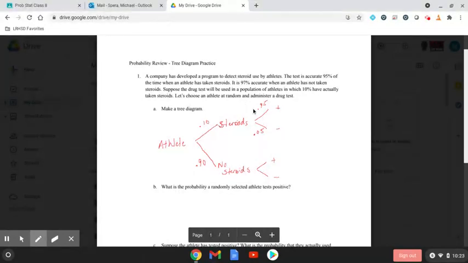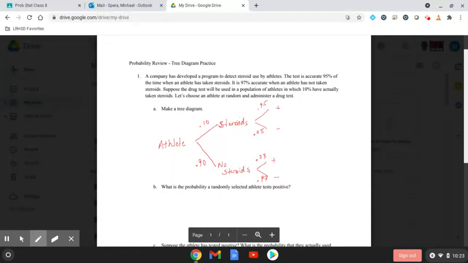Let's say it's 97% accurate when an athlete has not taken steroids. So, no steroids, for that test to be accurate, that would mean the test comes up negative, which would give us this number as 0.03. So that's part A, okay?